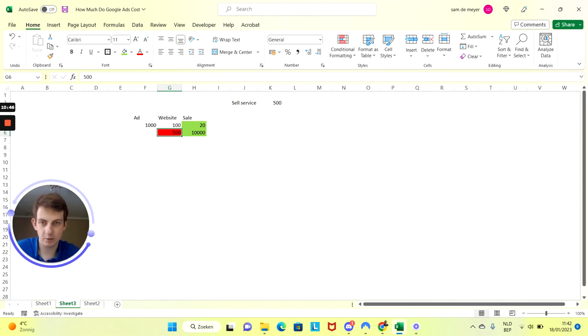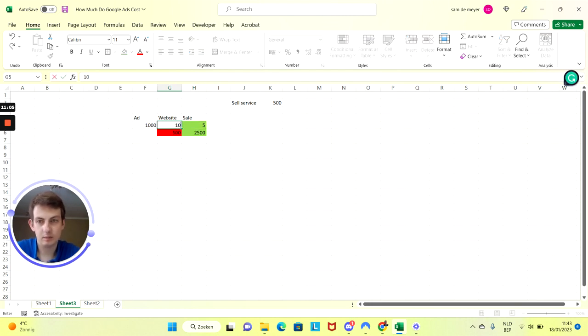Now these are crazy numbers, but what if your landing page isn't good, or it's not relevant, or you're hitting the wrong keyword, the wrong audience, right? And that's going to go down. You're going to have only 5 sales, so $2,500, right? Now let's say your click-through rate sucks. You only have 10 people, right?